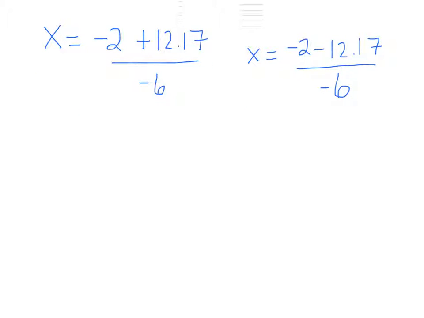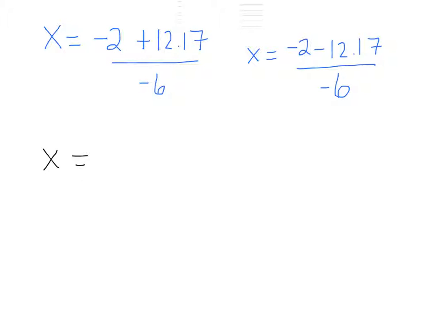So I'm going to type in my calculator, negative 2. Everybody type in your calculator, negative 2 plus 12.17. And when you get your answer, then divide it all by negative 6. All of it. Okay, y'all just type in your calculator, negative 2 plus 12.17 and tell me what that gives you.